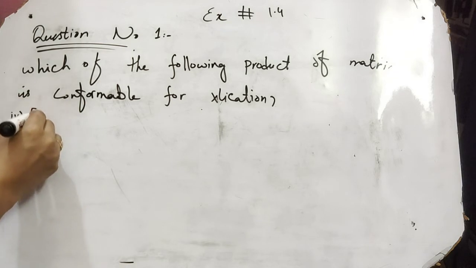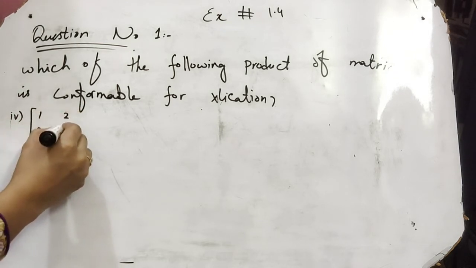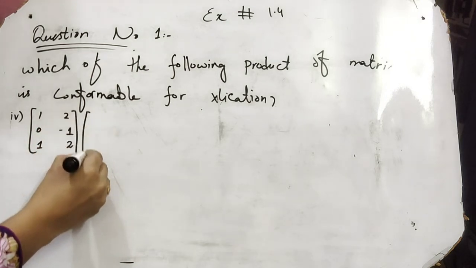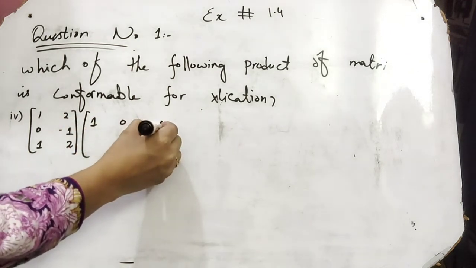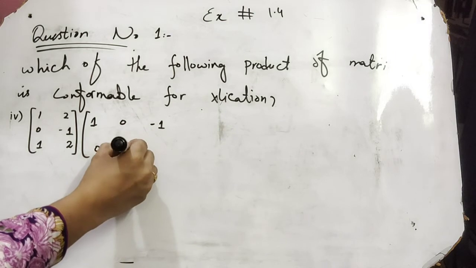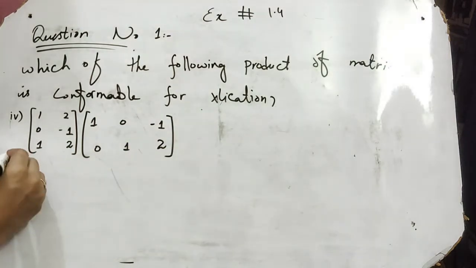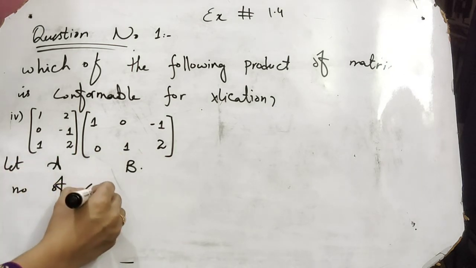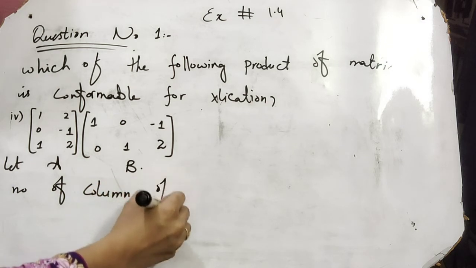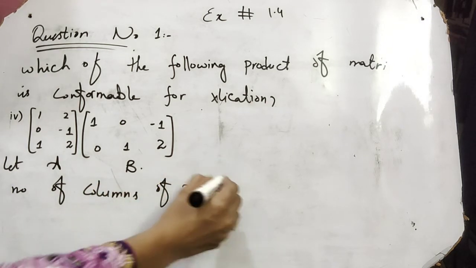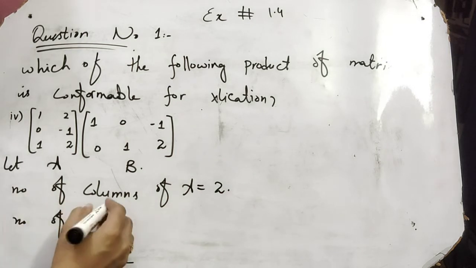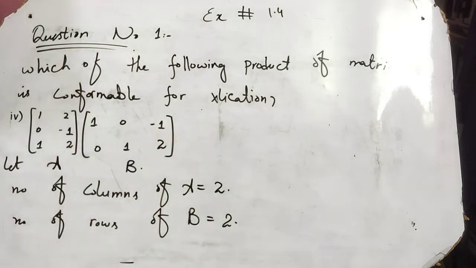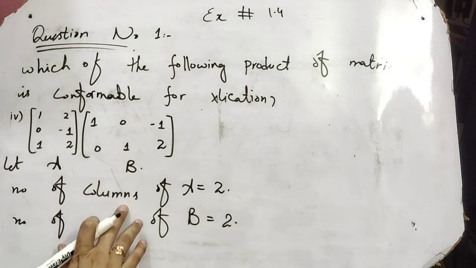Now the next part is 1, 2, 0, minus 1, 1, 2, and the second is 1, 0, minus 1, 0, 1, 2. Let this be A and this be B. So the number of columns of A is equal to 2 and the number of rows of B is equal to 2.